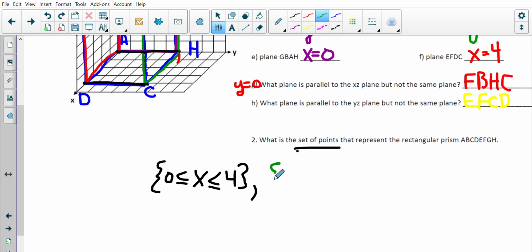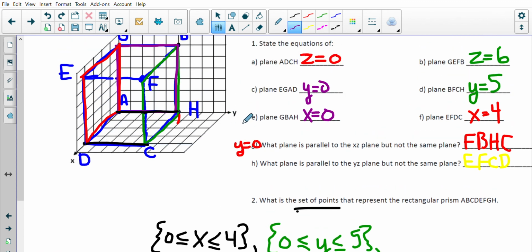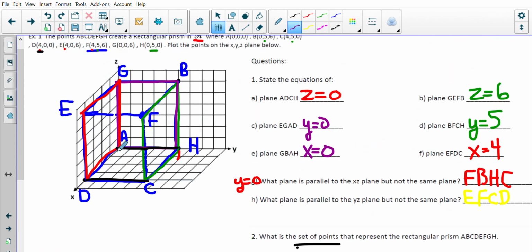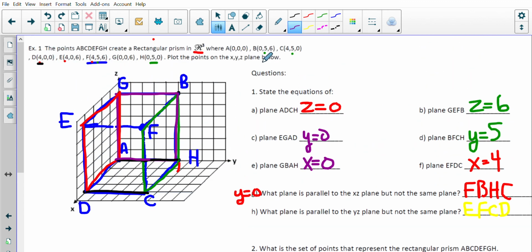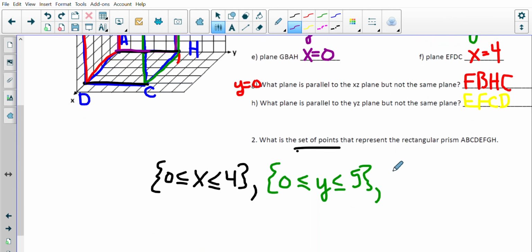So our y values start at 0 and go all the way up to 5. And then lastly, our z values, because again, three-dimensional, we start at 0 and we go up to a height of 6. So our z values start at 0 and go all the way up to 6.